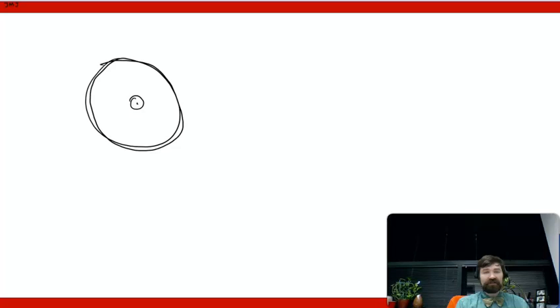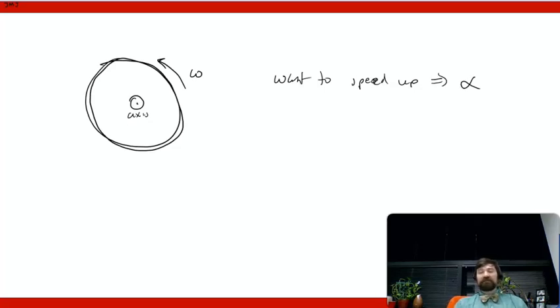Maybe it's moving about this axis of rotation here, and it's initially moving with omega, and I want it to speed up. So I want to speed up, that implies that we will have some angular acceleration alpha.